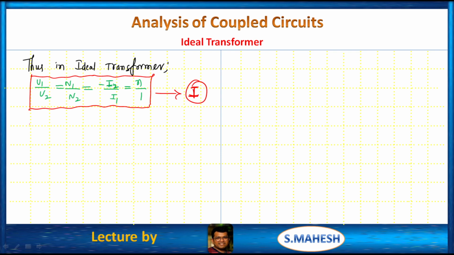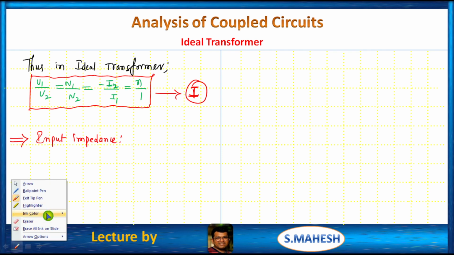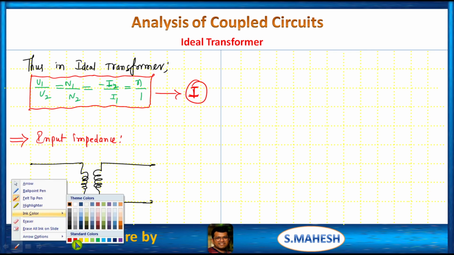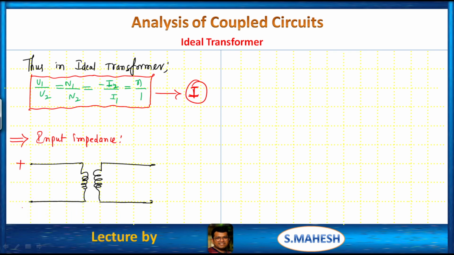Okay, now we can get the input impedance. Input impedance. What is the circuit? Right, this is the circuit. From this what we are having? Plus minus, so this is Z input, right?